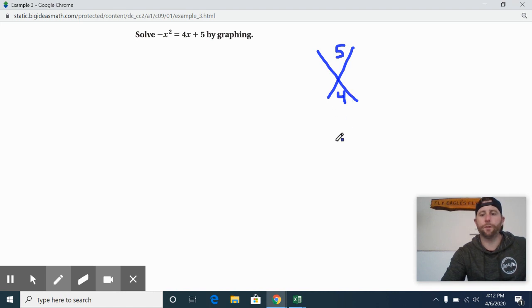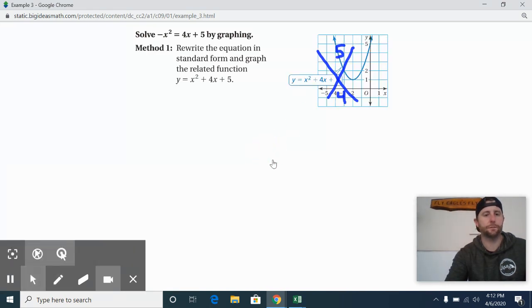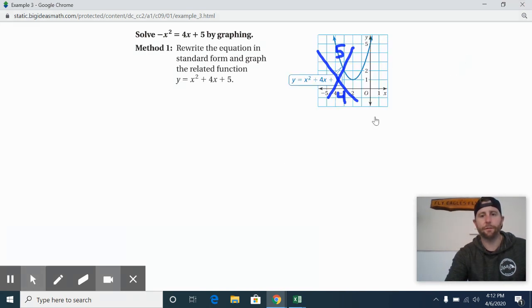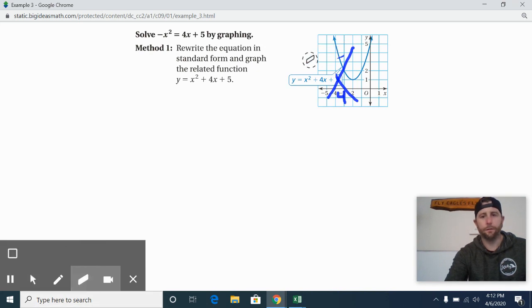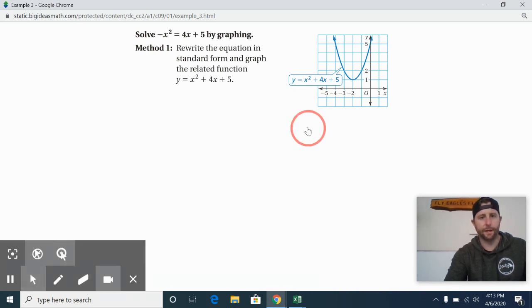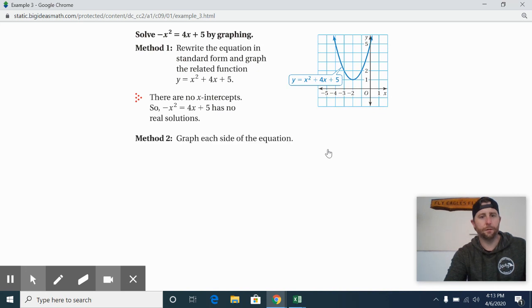I'm trying to find numbers that multiply to 5. 5 is a prime number, so the only factors of 5 are 5 and 1, and there's no way to manipulate this so that it adds to 4. So if there's a problem like this where we can't figure out factors, that means there's no solution. When they graph this thing, it never crosses the x-axis. Remember, what we're really finding is x-intercepts, and this doesn't have any. So again, this one would be no solution.